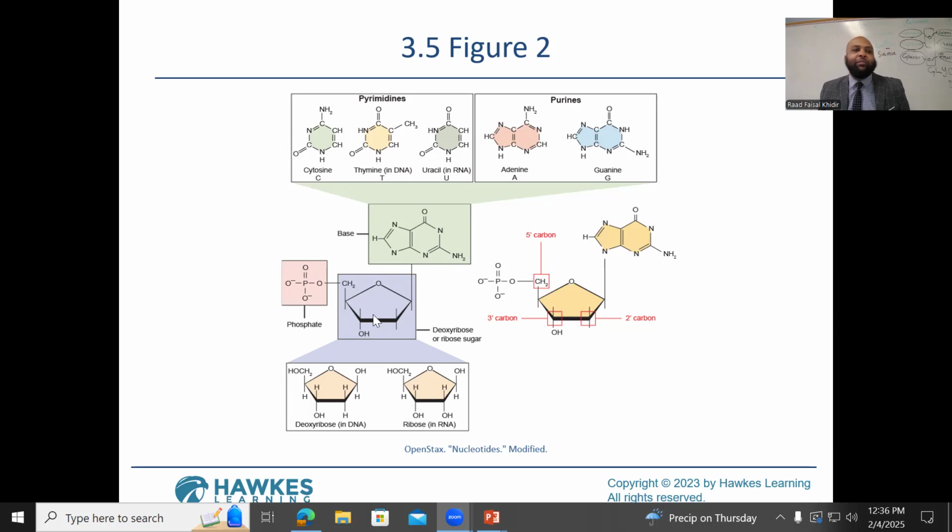And lastly, we're going to have a phosphate group. That phosphate group is going to be my last component of the nucleotide. You can never have a nucleotide unless you have a nitrogenous base, a pentose sugar, and a phosphate group. That is a nucleotide.